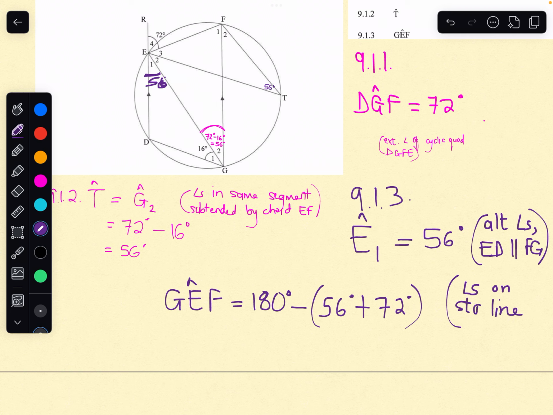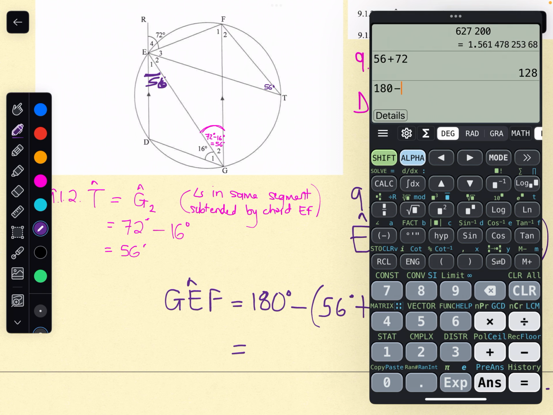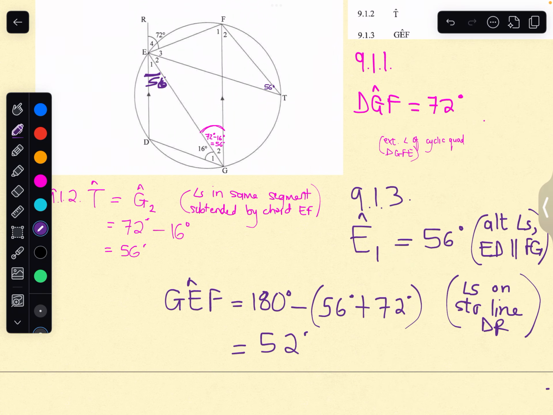What is the straight line? DR, that line over there. Okay, and so this is not in the mood to hurt my brain. Okay, it doesn't hurt the brain, that's propaganda. Anyway, so GEF is 52 degrees.